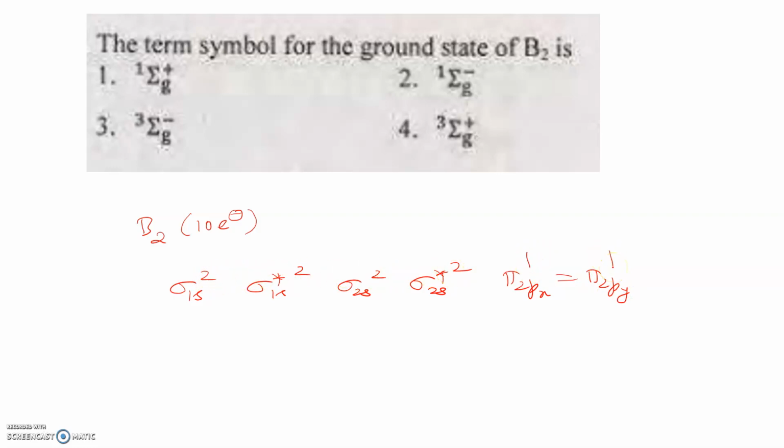So put one here. Now listen, these are all filled molecular orbitals. They do not contribute, so leave them. Now I'll take the final open shell orbitals. Here both electrons are present in the pi bonding molecular orbital.